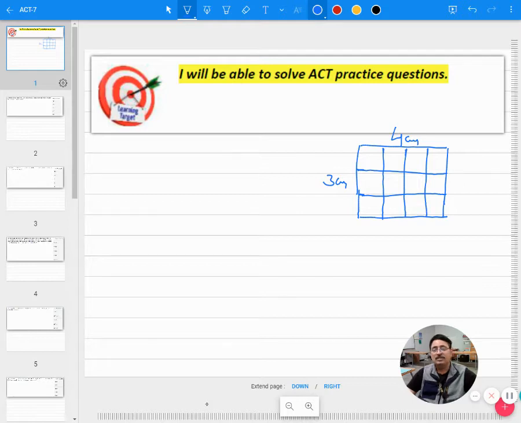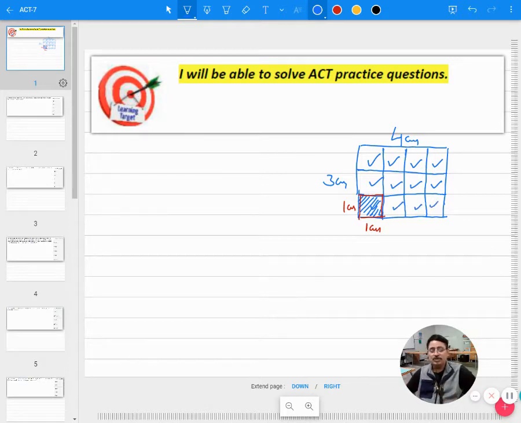Let's say that each tile's length is 1 centimeter and width is 1 centimeter. So how many tiles are required means actually in this example you can count the number of tiles as 1 tile, 2 tiles, 3, 4, 5, 6, 7, 8, 9, 10, 11, 12.